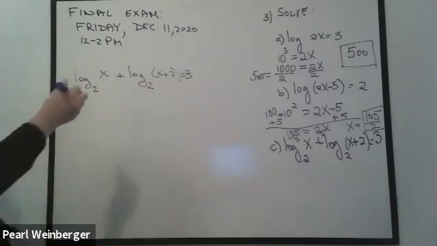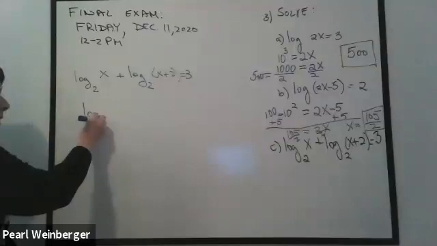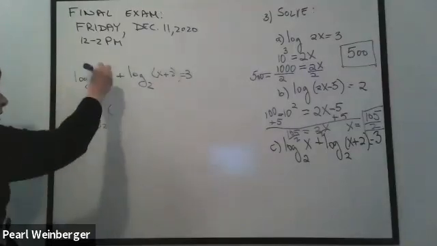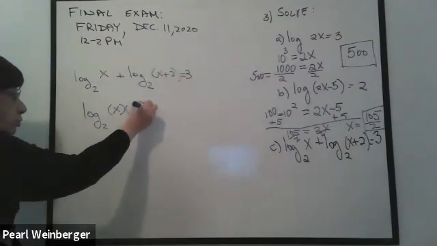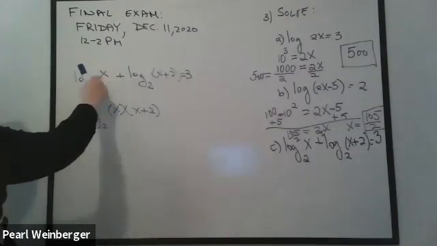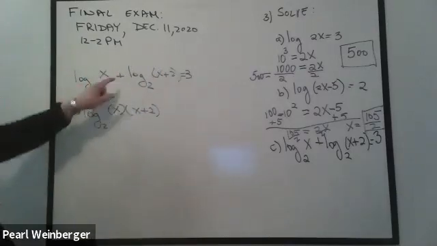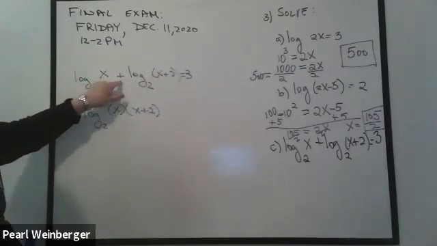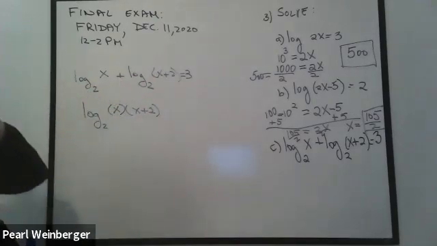So I'm going to rewrite this as a single log by doing log base 2 of the x times the x plus 2. I multiply these two expressions because their logs were added. If there would have been a minus in between them, instead of multiplying them, I would have divided them.